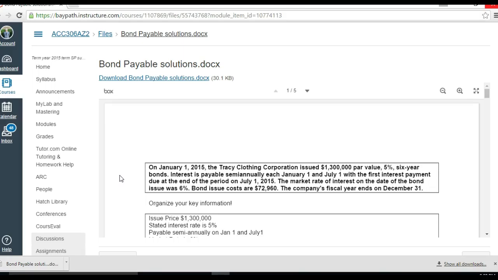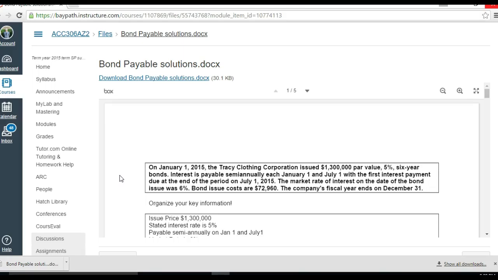So the par value is the amount or the value we assign the bond on our books. We're going to have a coupon payment of 5% semi-annually for 6 years. So we're going to pay the people who invest in our bonds a 5% per year interest payment.